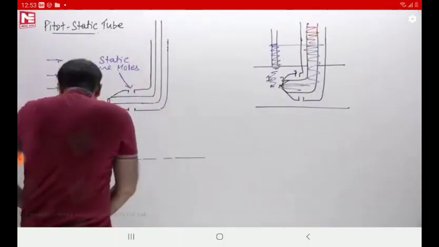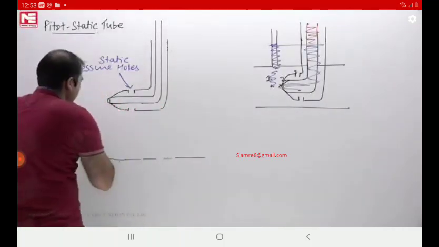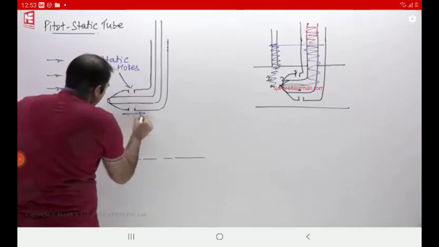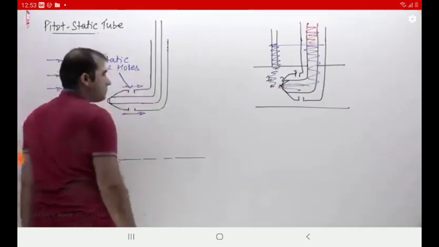My point of discussion is that the flow is going to move like this. That the flow is moving like this.